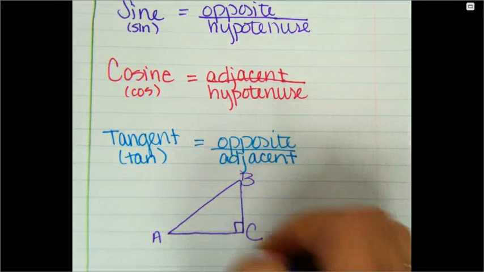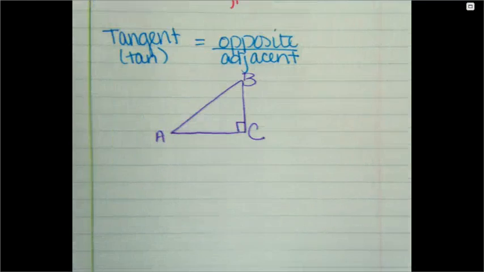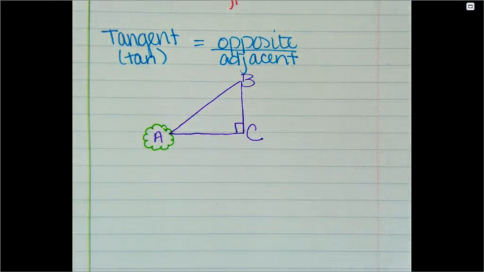We're going to look at this triangle ABC. Good? Questions? Okay. We are going to look at angle A. So highlight, circle, do something so you know we're looking at angle A. Only angle A. Ready?